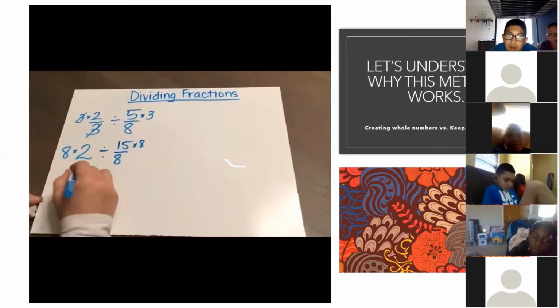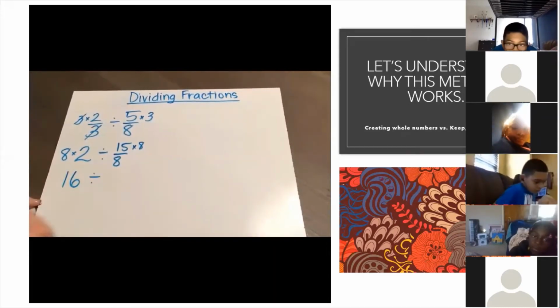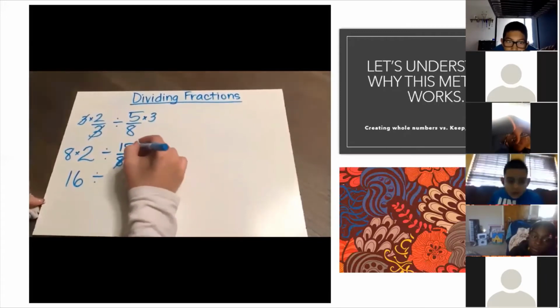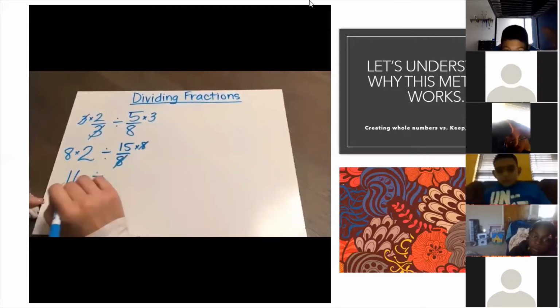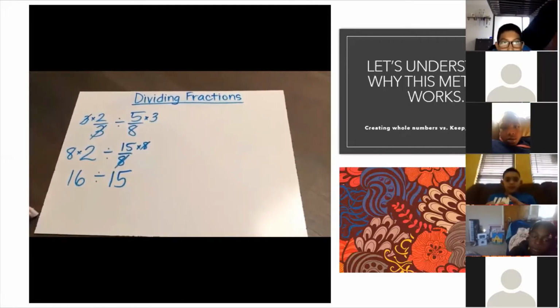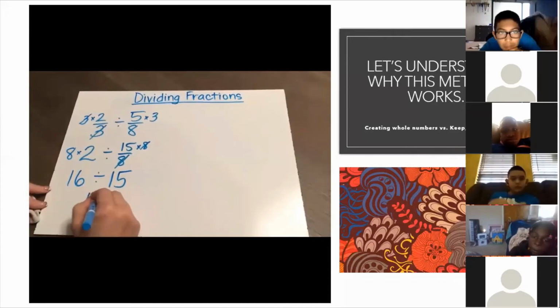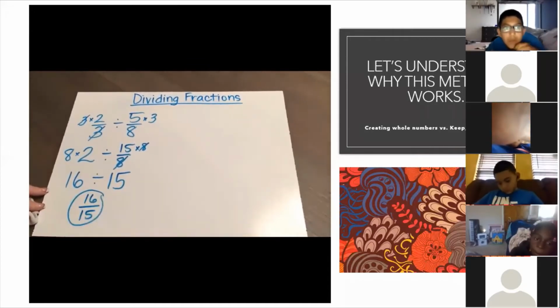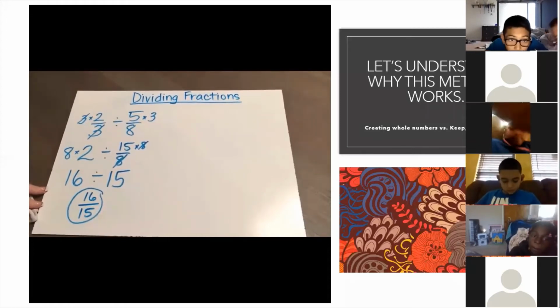This whole number is going to become a 16, divided by, and then we have 8 over 8 equals 1 to simplify, which gives us 15 times 1, a whole number. So now we have 16 divided by 15 as our entire problem, which can be written in fraction form, 16 divided by 15. And that's our answer, unless we choose to make a mixed number out of that.